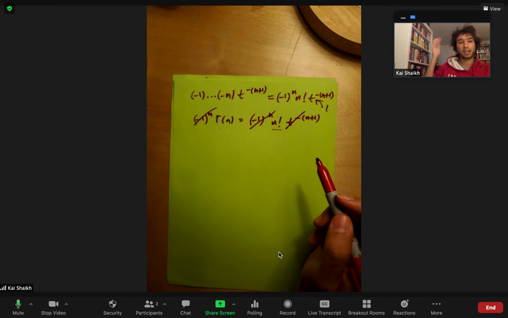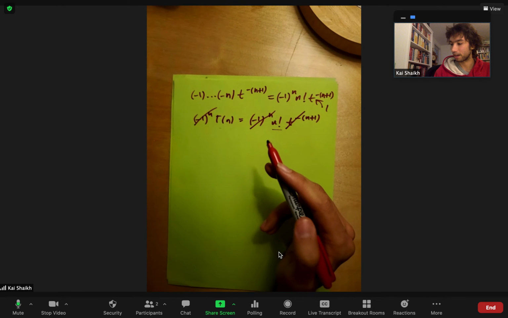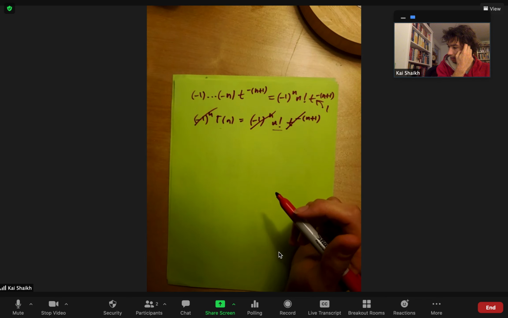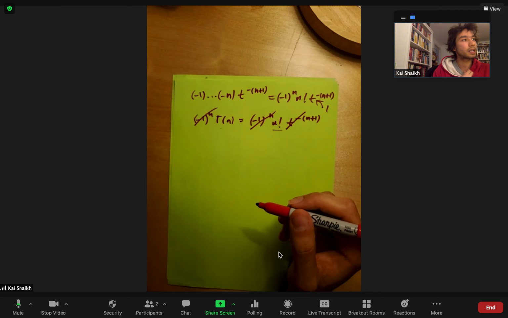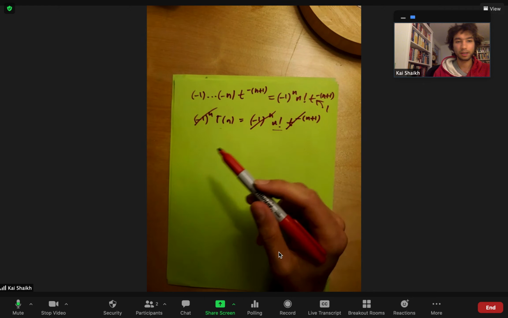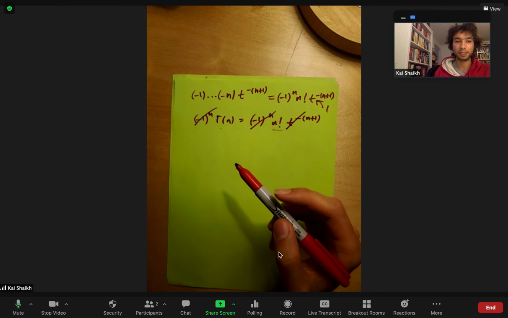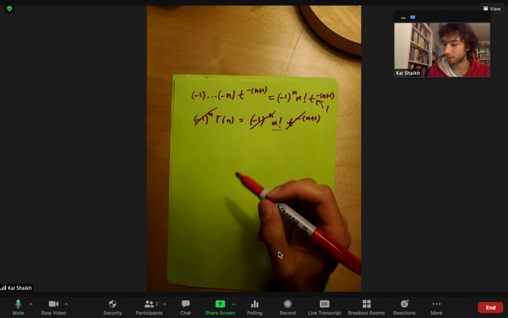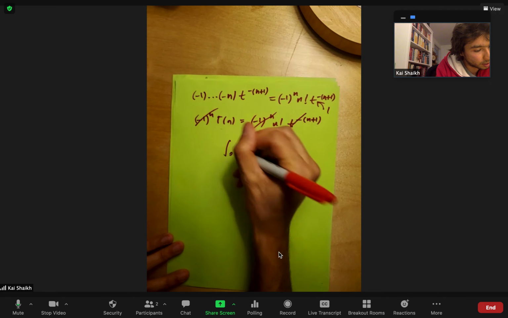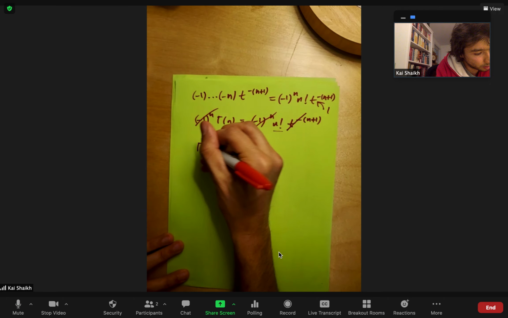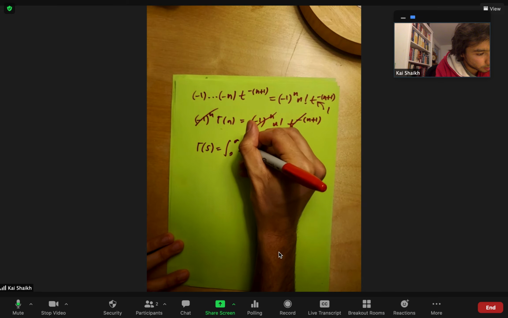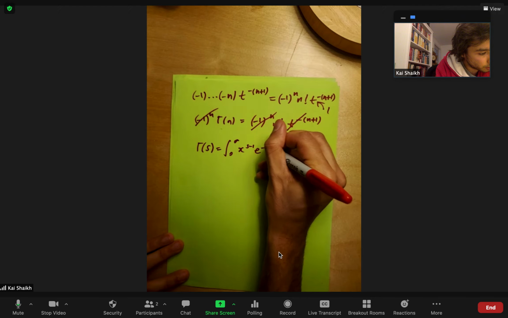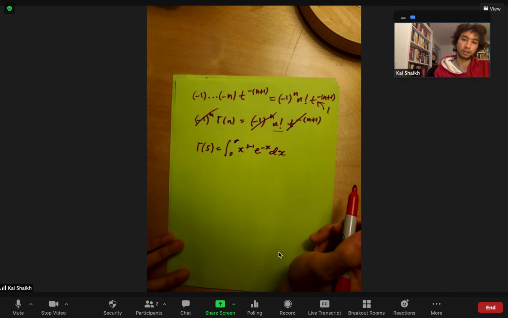And I should point out that I've defined Γ(n) slightly inaccurately. It should actually be, well, I think I've defined it accurately. But maybe don't follow my definition of the integral too closely, because sometimes it's written like Γ(s) equals the integral of x^(s-1) e^(-x) dx, which is what you might see more often.